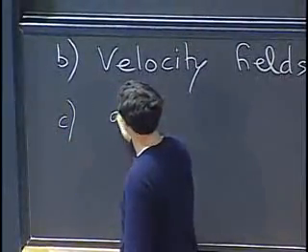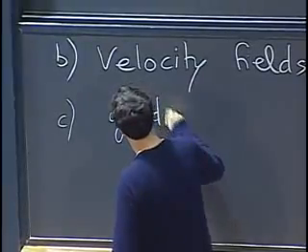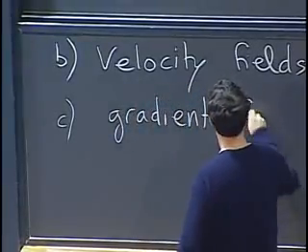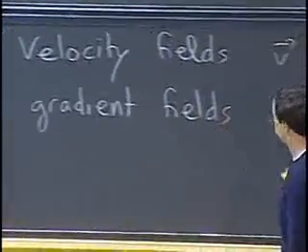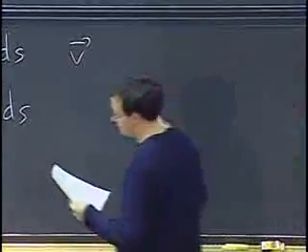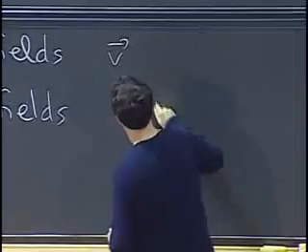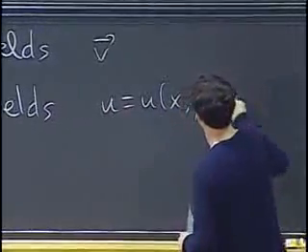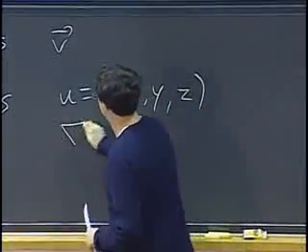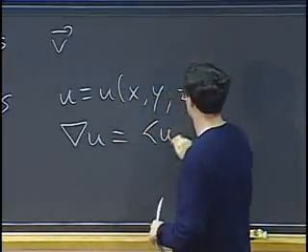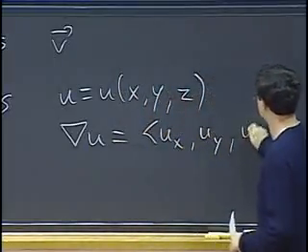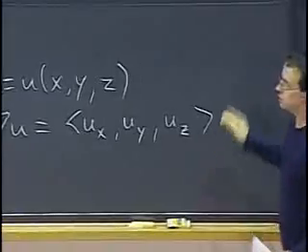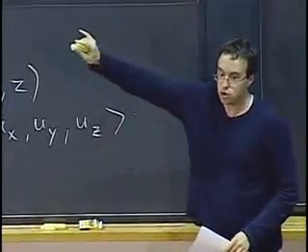Just to give you more examples, in math, we've seen that the gradient of a function of three variables gives you a vector field. If you have a function u of x, y, z, then its gradient field has components u sub x, u sub y, and u sub z. Of course, the cases are not mutually exclusive.